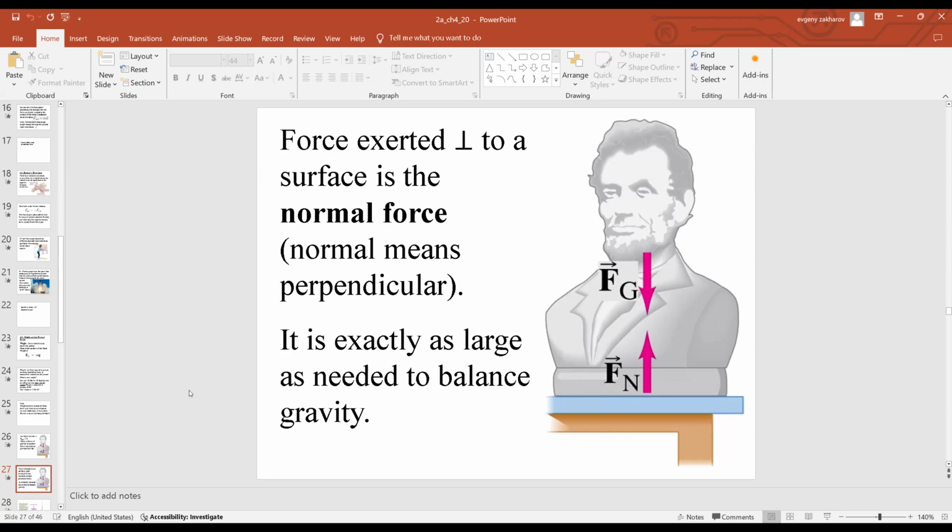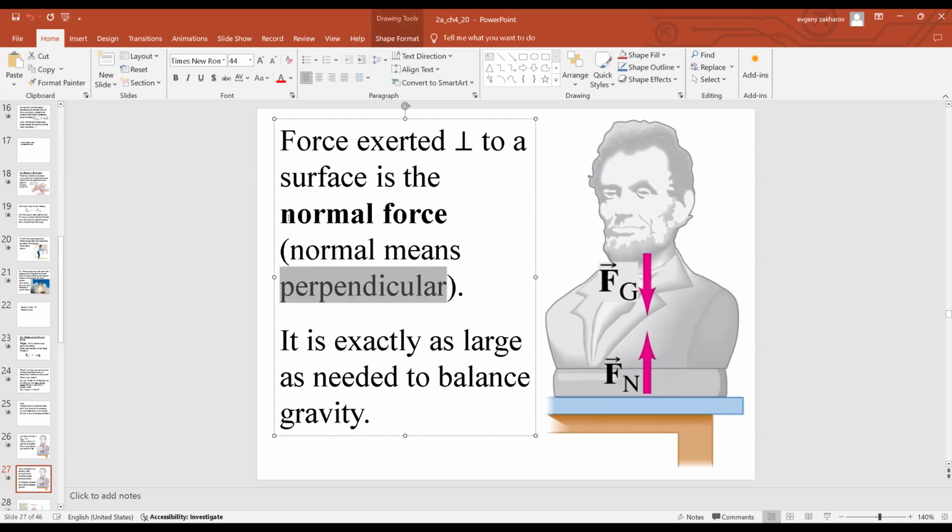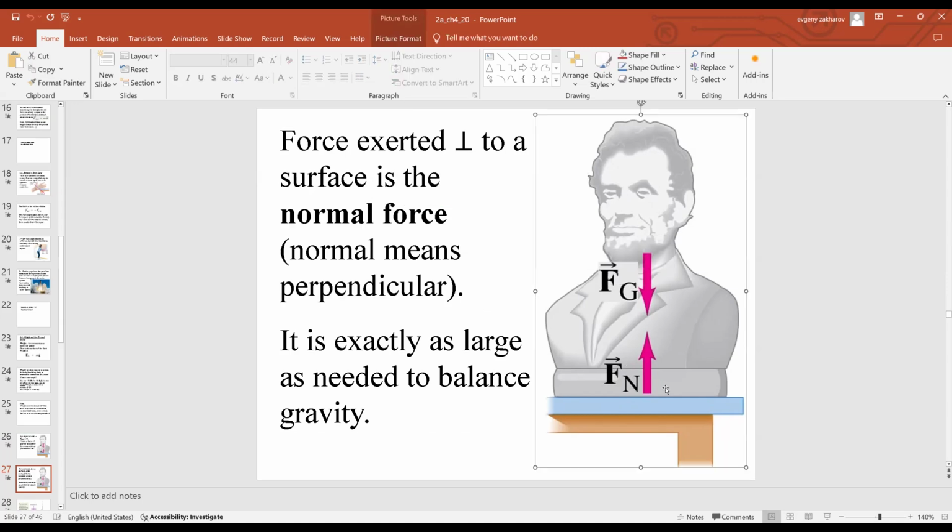Yeah, so normal force. By the way, the word normal means perpendicular. And perpendicular to what? Perpendicular to the surface that your system leans against. So the monument is sitting on the table. That's the surface of the table, and the normal force is perpendicular to that table.